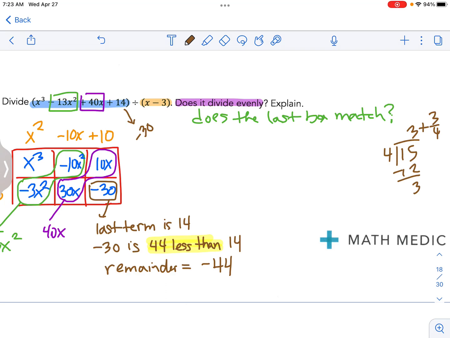So my answer then, my factor is, just coming back to blue here, it's a factor, so it's orange, is x squared minus 10x plus 10 minus 44 over x minus 3.